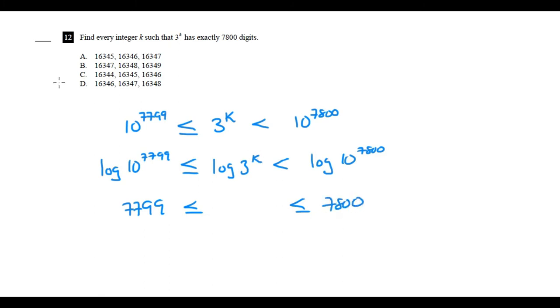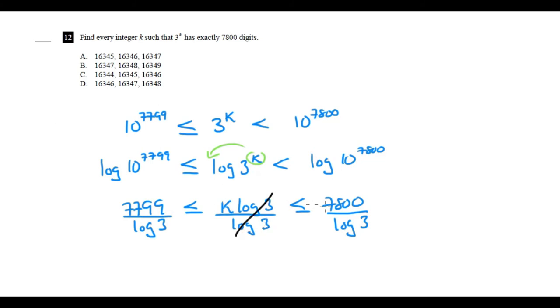Now, of course, our power property here, we're going to take that k down in front, the next step, and this will be k multiplied by log base 10 of 3, and since that's a positive number, we can divide everything by log base 10 of 3. And I guess we can write it down in here as well, because if we do that, of course, those things will divide in evenly and cancel off, and k is in between these two numbers.